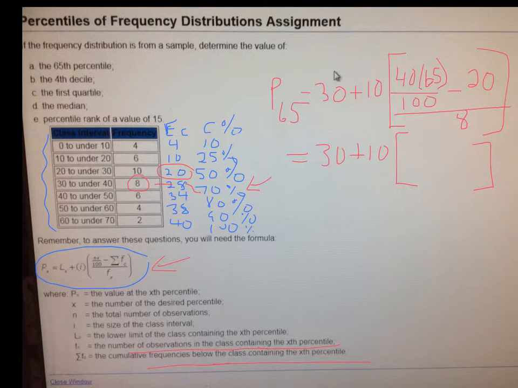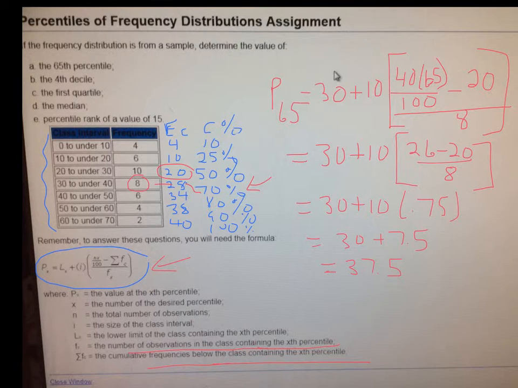So what we end up with here, if I've done my math right, is 26 minus 20 over 8, which is going to be 6 over 8, or decimal 0.75, and so 30 plus 10 times 0.75 gives us 30 plus 7.5, and that's why the answer is 37.5, okay?